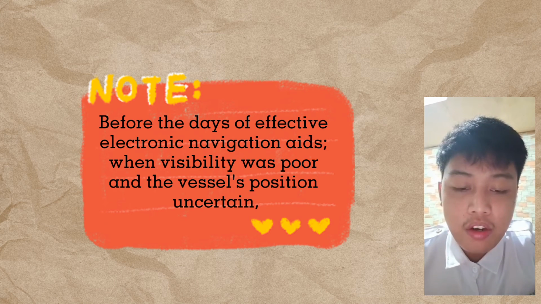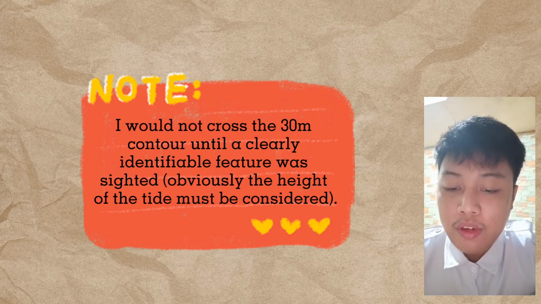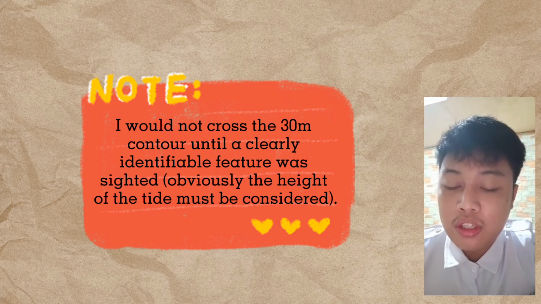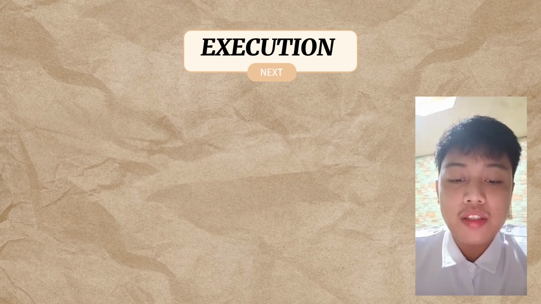Before the day of effective electronic navigation aids, when visibility was poor and the vessel position uncertain, I would not cross the 30 m contour until a clearly identifiable feature was sighted.